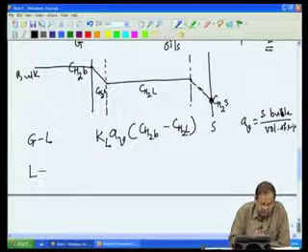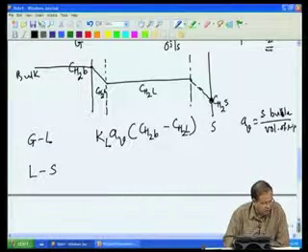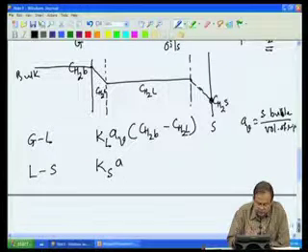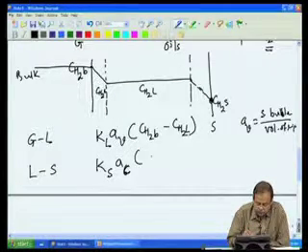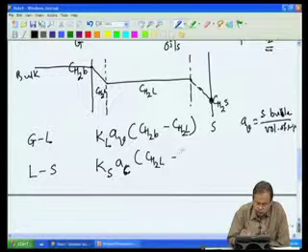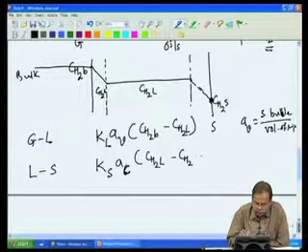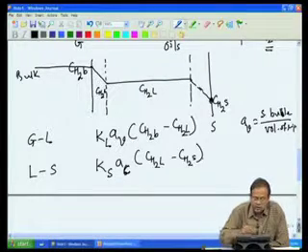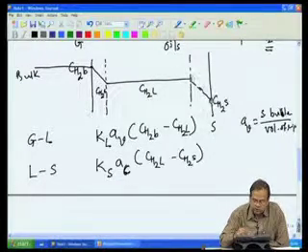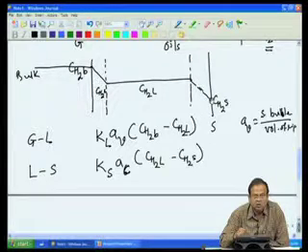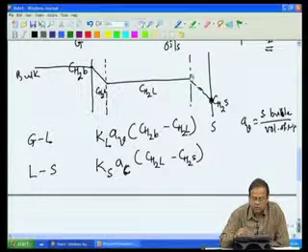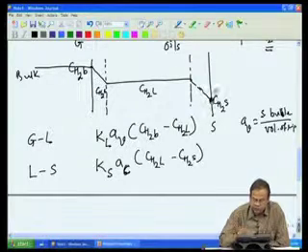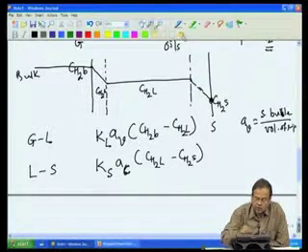Similarly, what happens at the liquid solid interface? We can write this as, once again, the driving force for mass transfer, the concentration gradient between the bulk liquid and the catalyst surface, times the area.